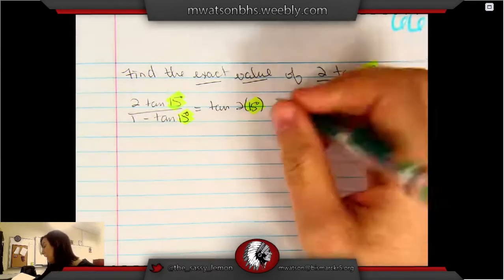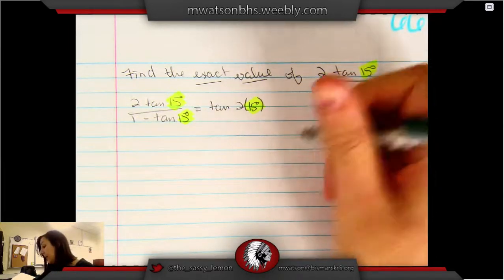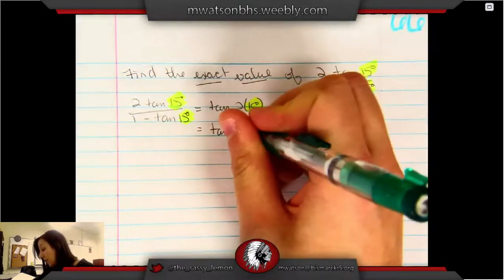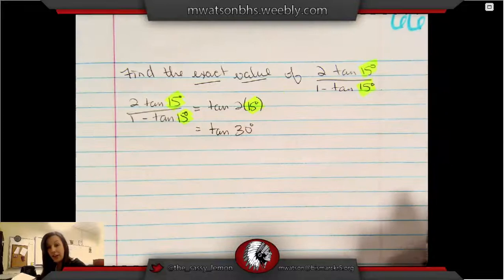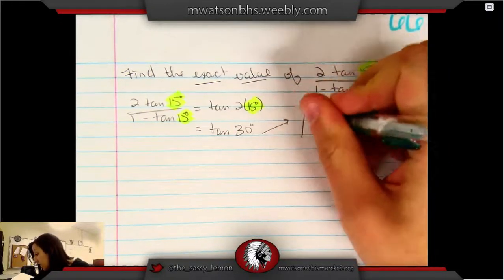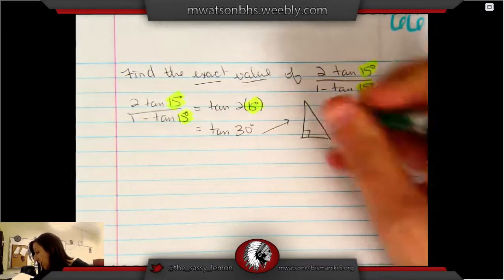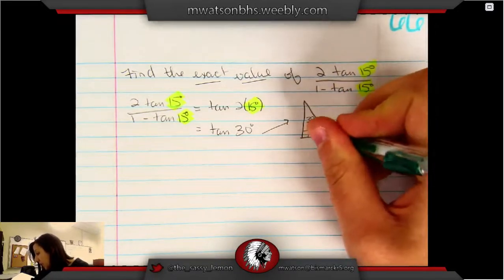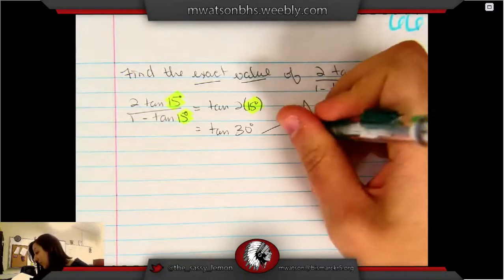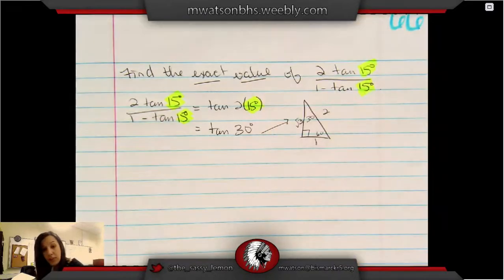And we know that tangent of 2 times 15 is the same as tangent of 30 degrees. And we know how to find 30 degrees. We have a special triangle for it. I always have to draw mine, so don't feel bad if you have to draw yours as well. So here we go, that's my special triangle.